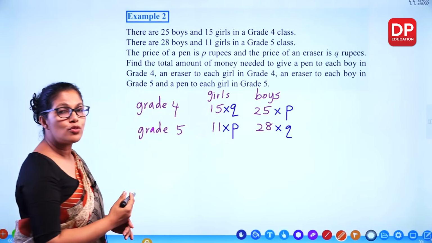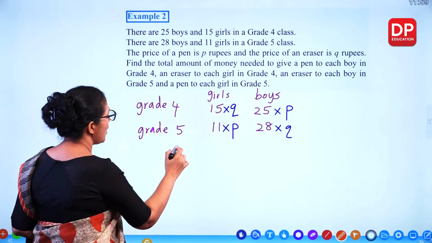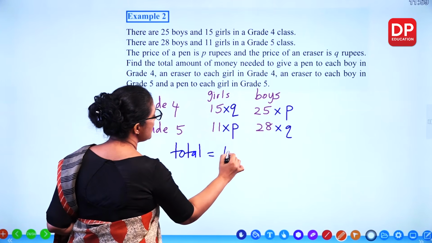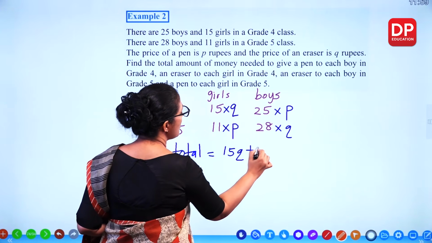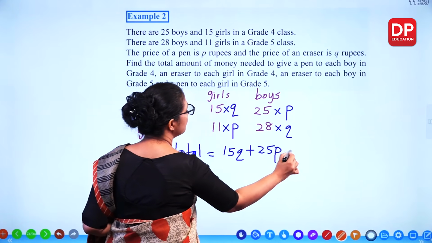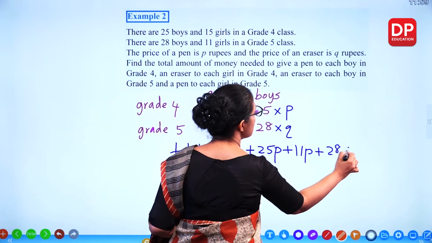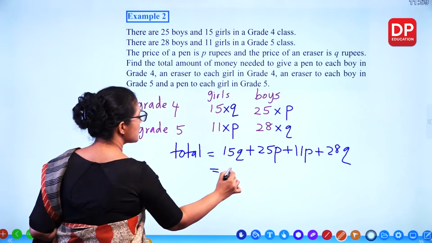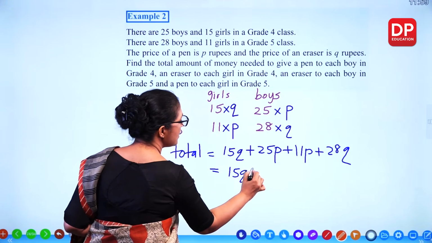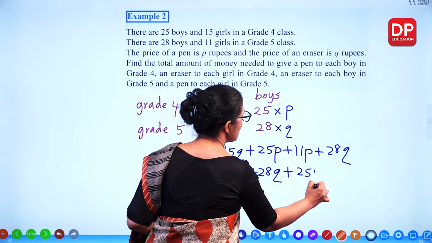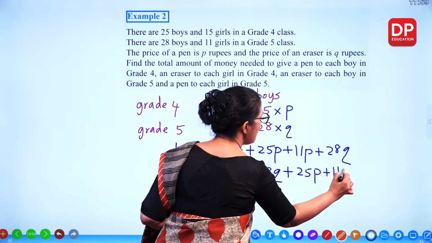So that's the total. You have to find out the total, which is 15Q, 25P, 11P and 28Q. So like terms, 15Q and 28Q, and P terms 25P and 11P.